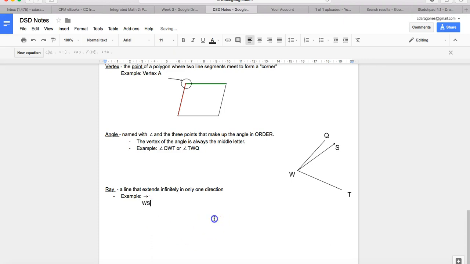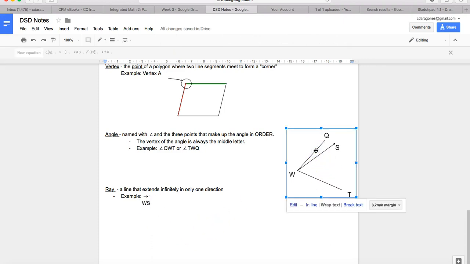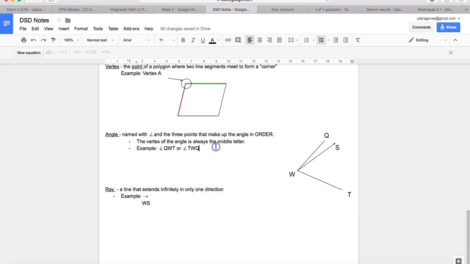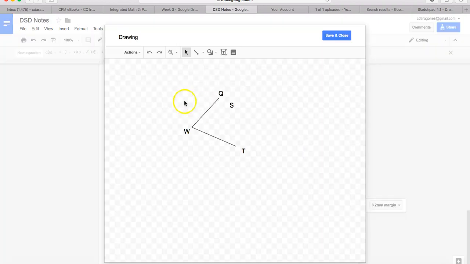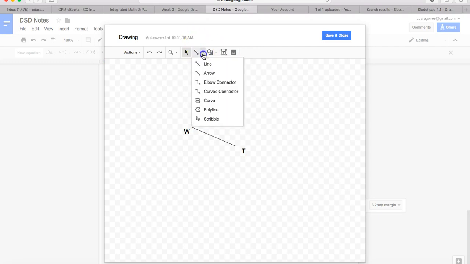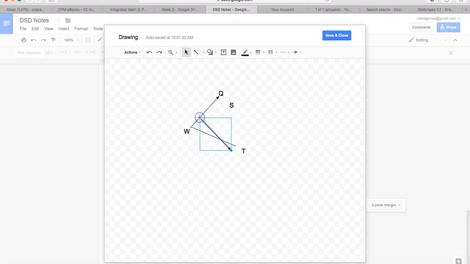WS, okay? So as you can see, angles are actually 2 rays that meet at a vertex. So WQ is actually a ray, so I'm going to change this. And then WT is also a ray.